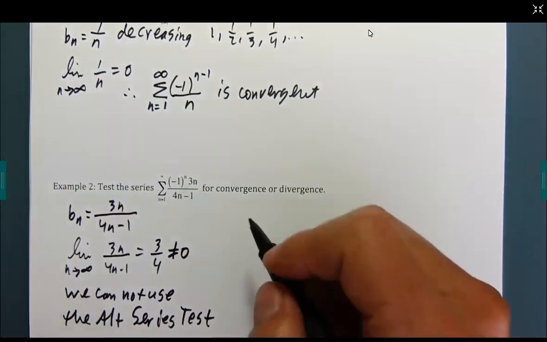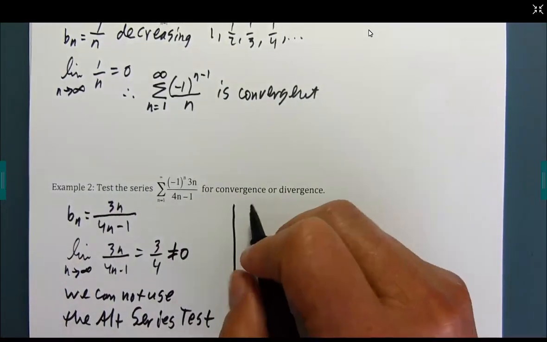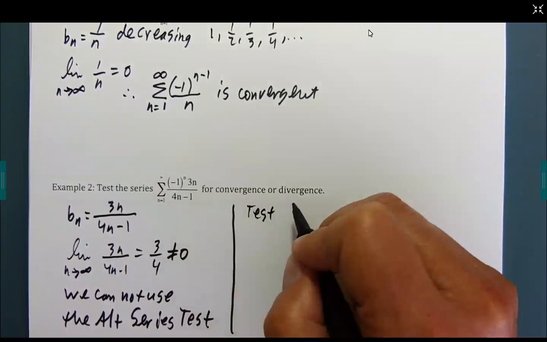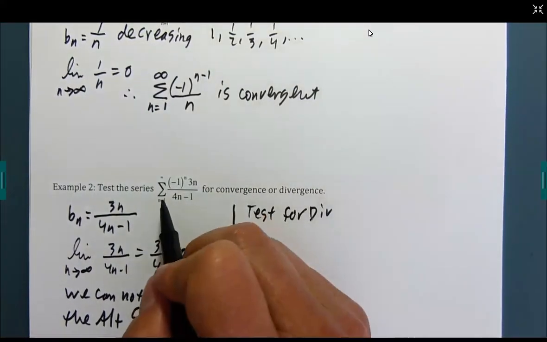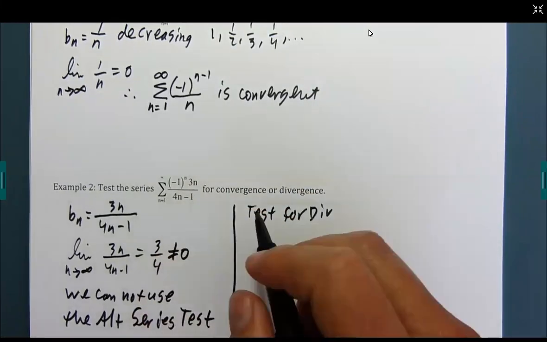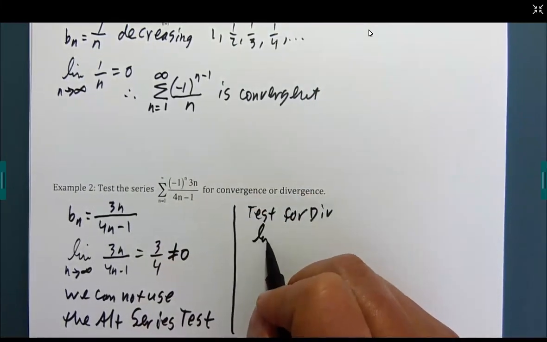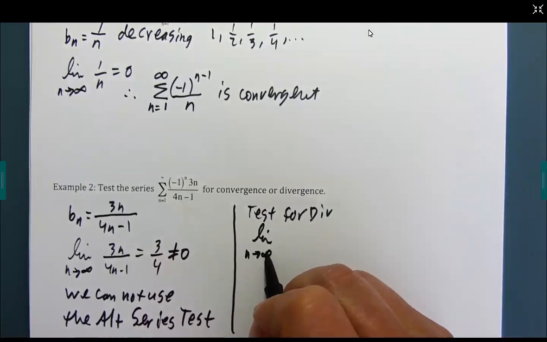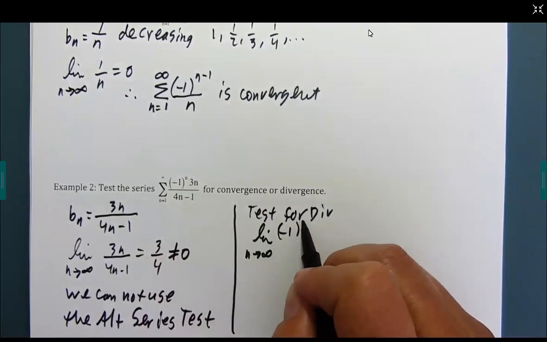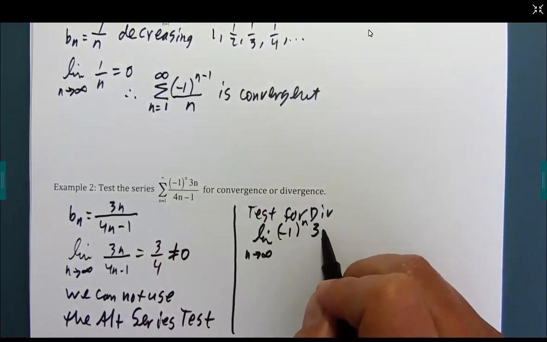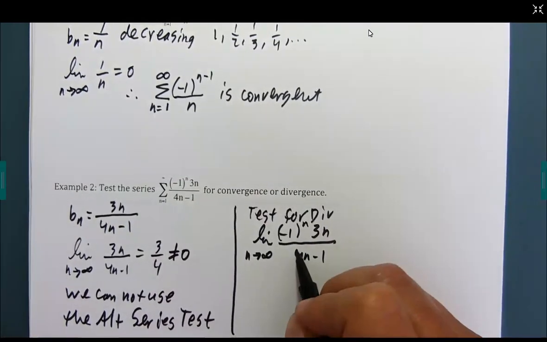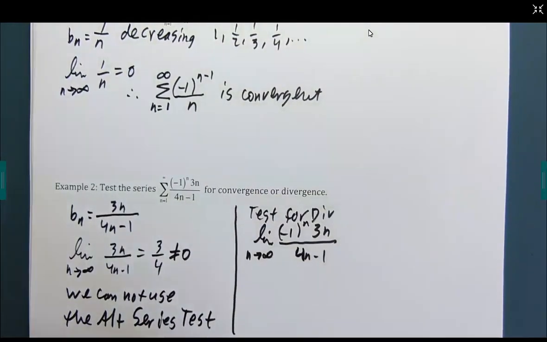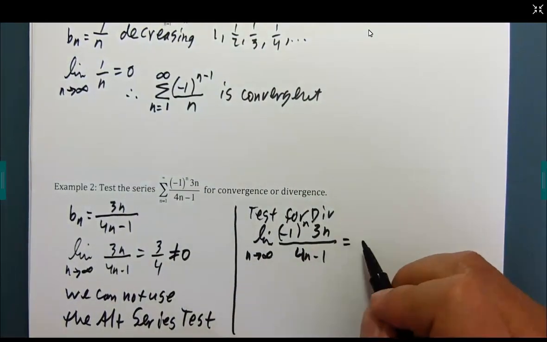And like I mentioned before, if that limit doesn't go to 0, let's try the test for divergence. That means the whole thing, that limit has to go to 0. So the limit as n goes to infinity of (-1)^n times 3n over 4n-1. No problem. Because it's a limit, I can break it up like this.